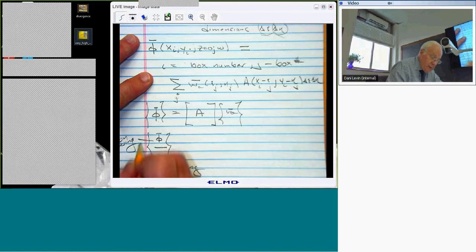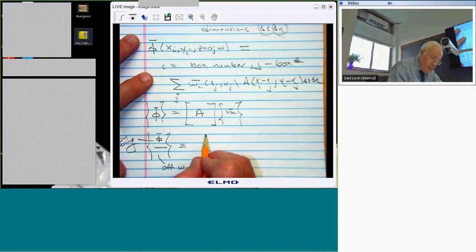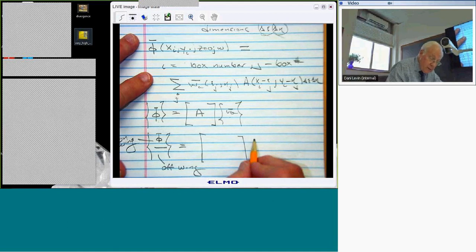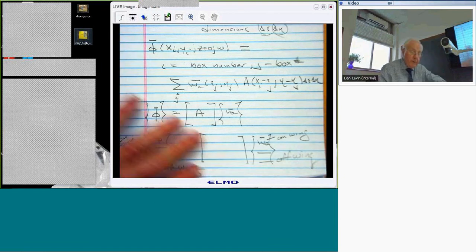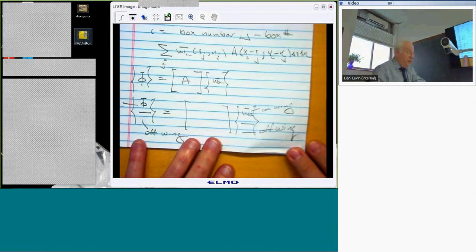And then over here, I want to do the same thing. These are the ones on the wing. And then these are the ones off the wing. And then I have to divide this up in a similar fashion.